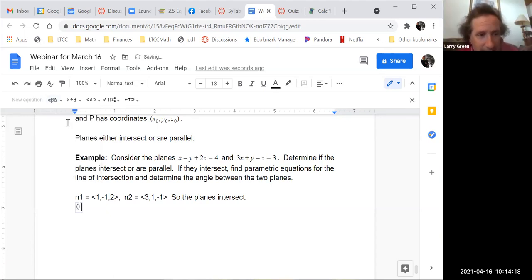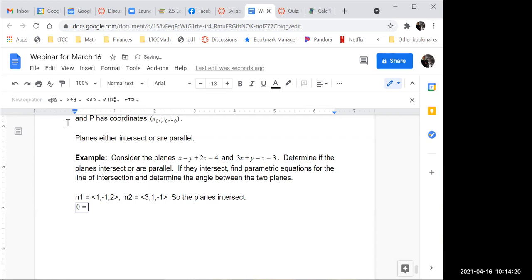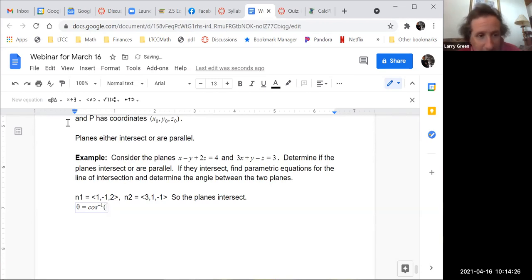So theta is equal to the arc cosine of the dot product of n1 and n2, and then we divide by the magnitude of n1 times n2.